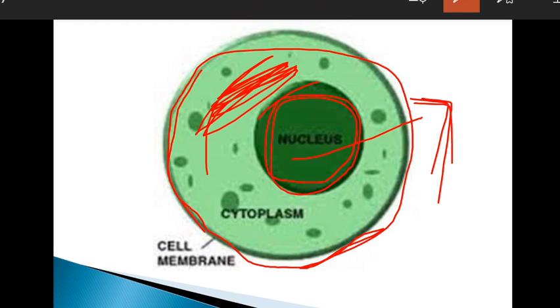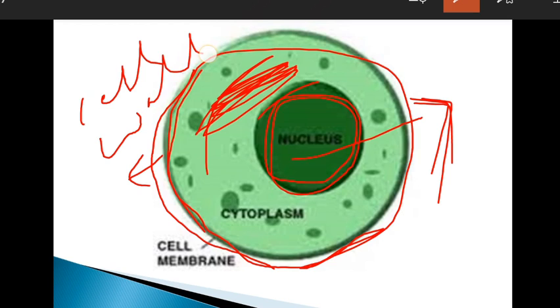And in plant cells, there is one more layer that is called cell wall. And these are vacuoles. There are so many organelles present in cytoplasm, like mitochondria, chloroplast, Golgi bodies. So this is the basic structure of the cell.